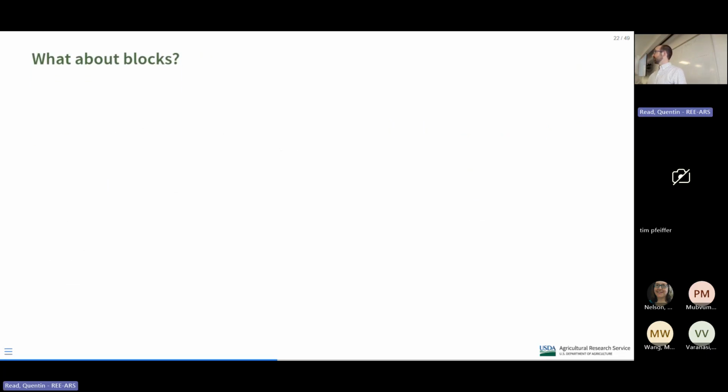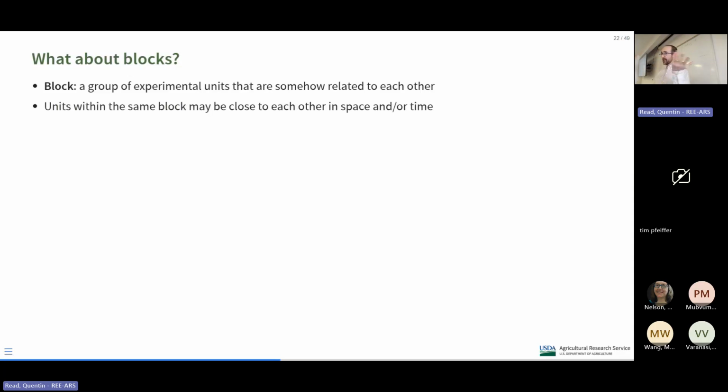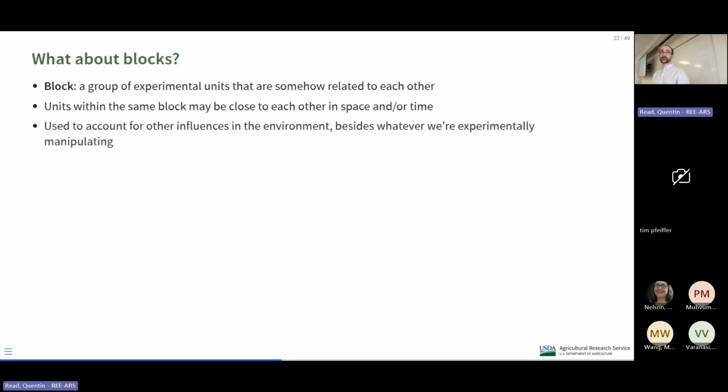So how do blocks help us fix this issue? Well, a block is a group of experimental units that are somehow related to each other. They're closer in space or closer in time. Somehow we think that they are more similar to each other than they are to the other experimental units in our experiment. Like I said, they could be some plots that are in a group right next to each other, for example.